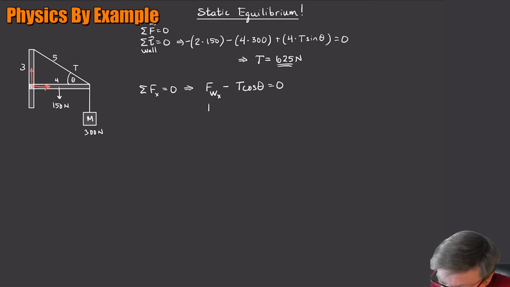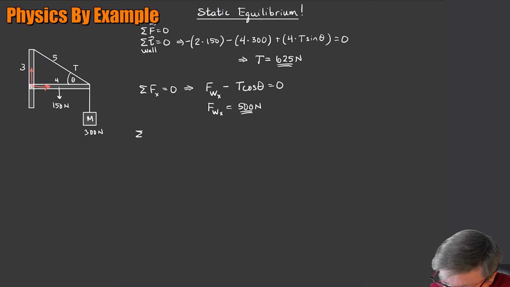So the x component of this force is just T cosine theta, which is 625 times cosine theta. I think I got 500 newtons. There we go.